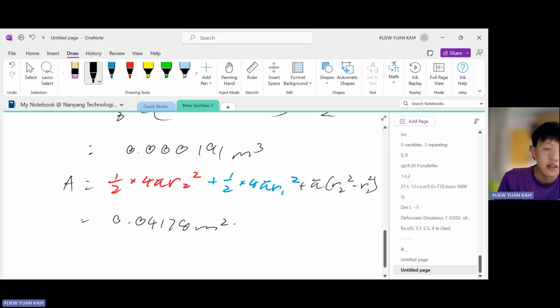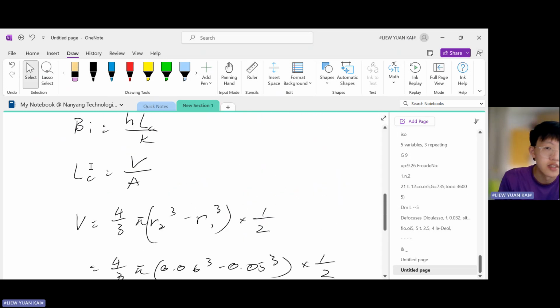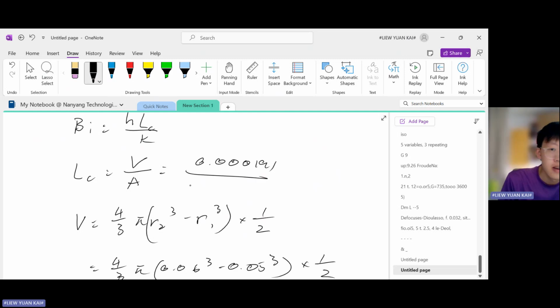Then you should get 0.04178 meters squared. Finally, you can calculate the characteristic length. So you sub in these two answers, 0.04191 and 0.04178, and round this off to 0.004561.